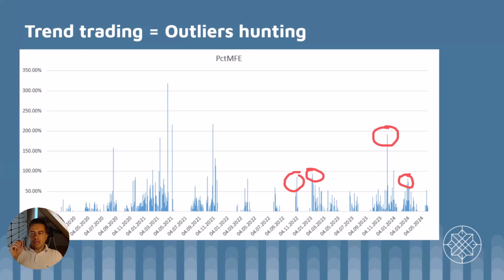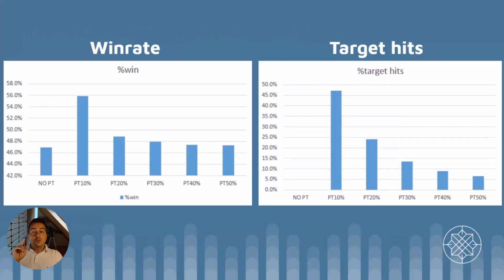And once you say, okay, let's use a 10% profit target, you are right that your win rate will be much higher. Compared here, if we would use a 10% profit target, our win rate would be about 56%, which means that in 56% of the time we would end up in profit or with a winning trade.